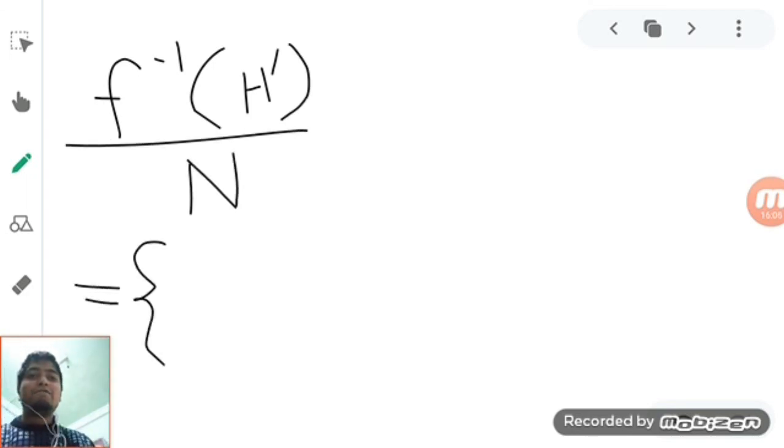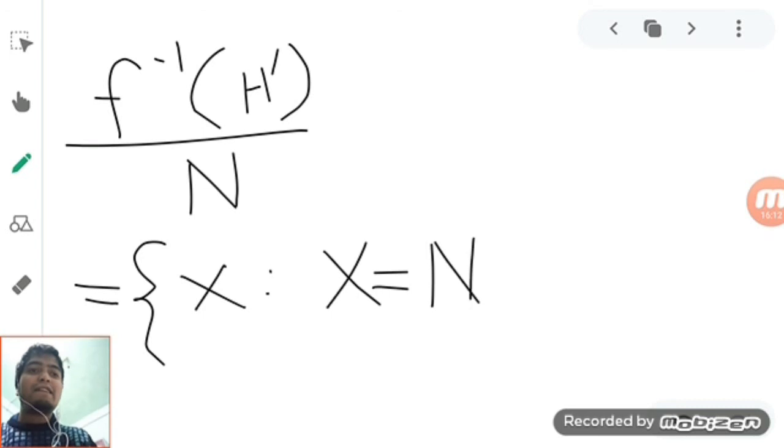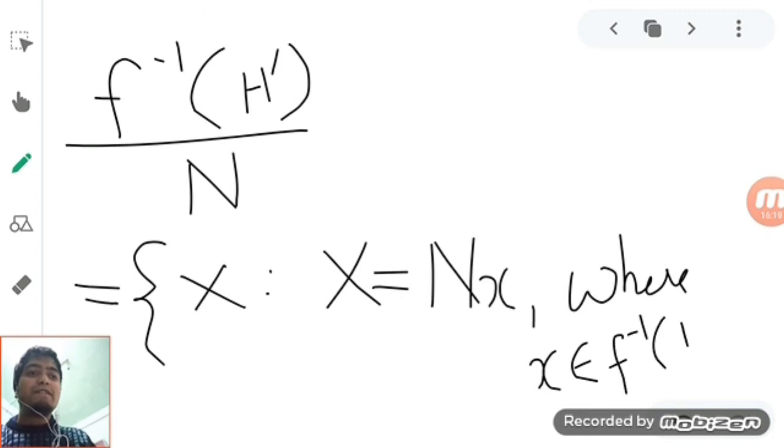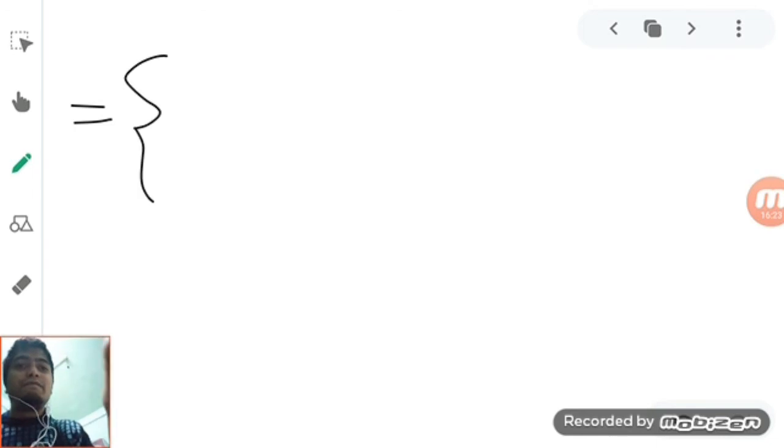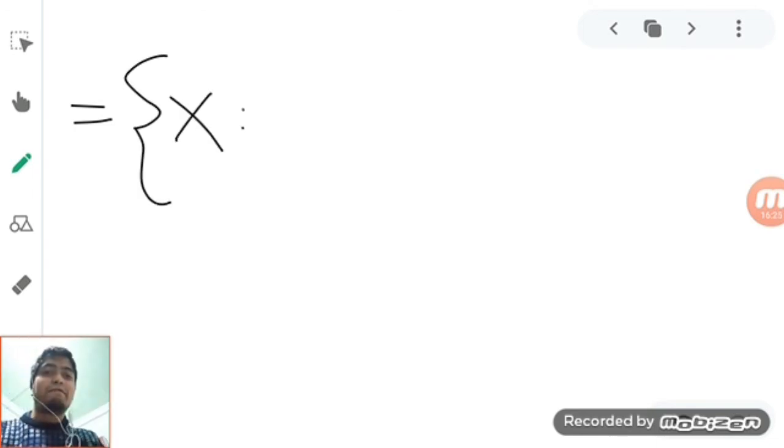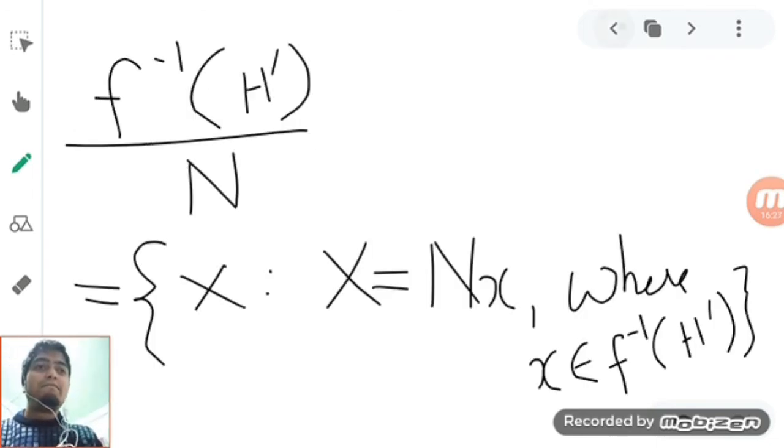So this is also a coset. It will be of the form nx, where x belongs to the pre-image of H dash. So it will consist of cosets nx, where x belongs to the pre-image of H dash, right?